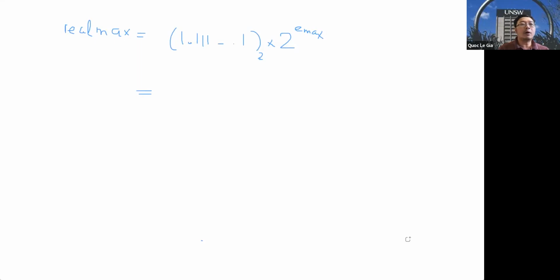If you read the lecture notes, you will see the value of E max, and there are some special cases for the exponent.